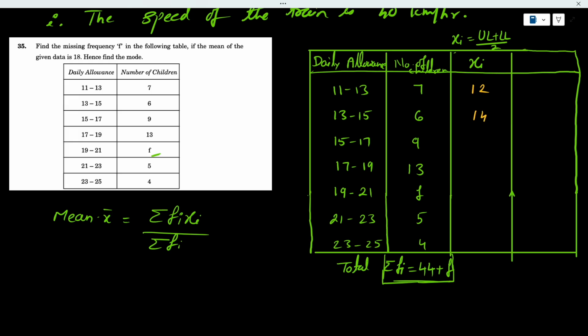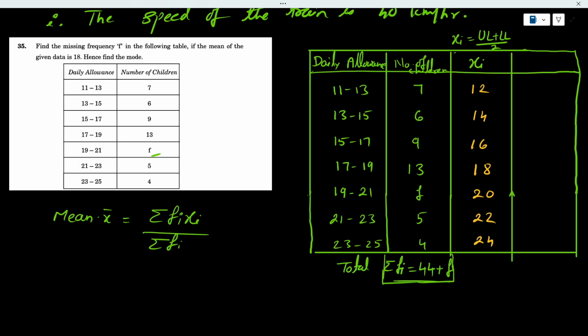Now from here to here, it is plus 2. Why is it plus 2? Because the difference, upper limit minus lower limit, is also 2. So you can get it like that also. So I can directly write down 16. Here it is 18. This is your 20, and this is 22, and this is 24.